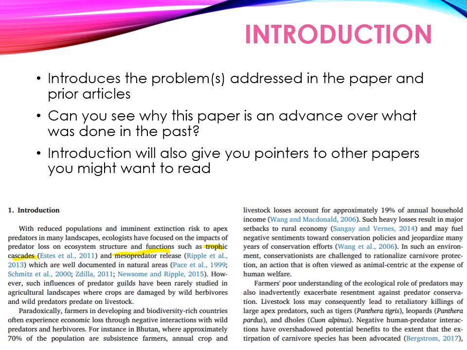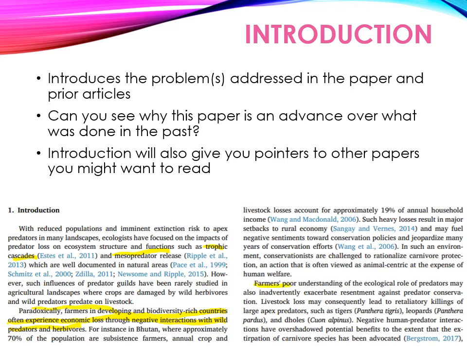And then they say, paradoxically, farmers in developing and biodiversity-rich countries often experience economic loss through negative interactions with wild predators and herbivores. Even though they can find that the predators might be attacking other predators.